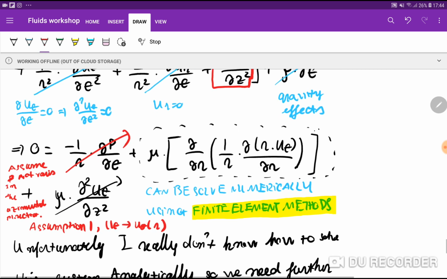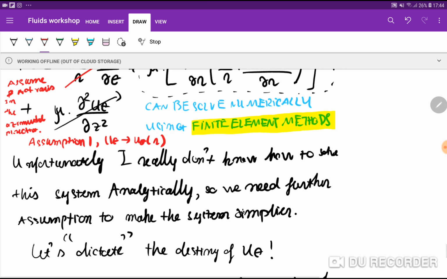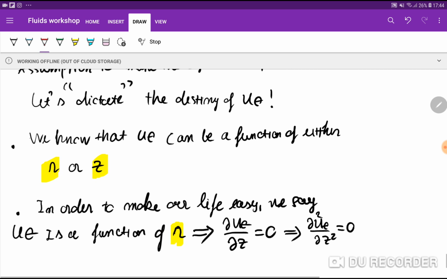Okay, so you see in this problem, remember in part A, we said that u theta can be a function of R and Z. We can choose it. So we choose u theta as a function of R, so that the u theta second partial derivative with respect to z squared cancels out.